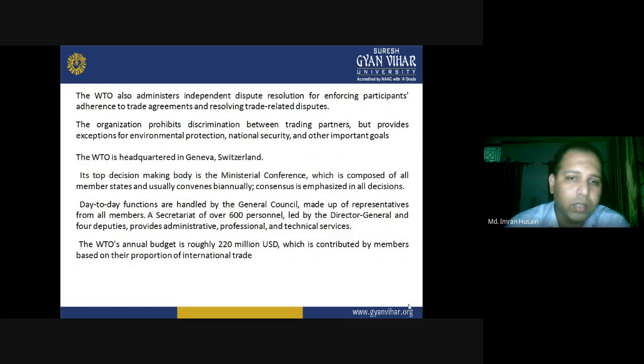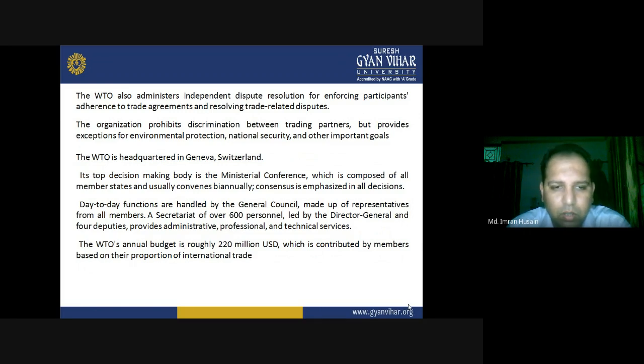Day-to-day functions are handled by the General Council, made up of representatives from all members. A secretariat of over 600 personnel, led by a Director General and four deputies, provides administrative, professional, and technical services.